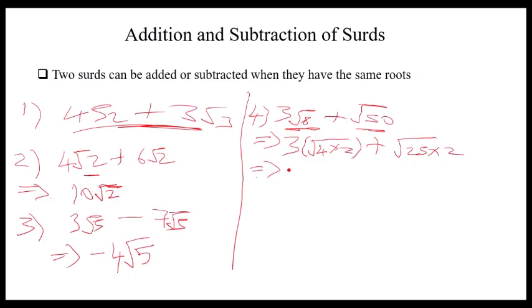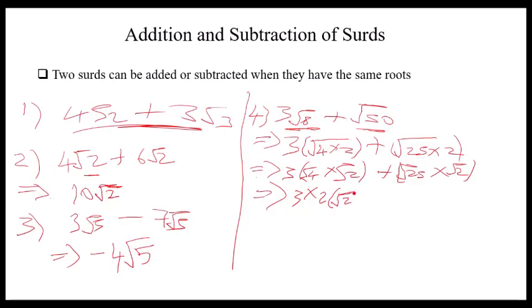So 3 open bracket, square root of 4 times square root of 2 plus square root of 25 times square root of 2. Right? So this is the same thing as having what? 3. Square root of 4 is what? 2.